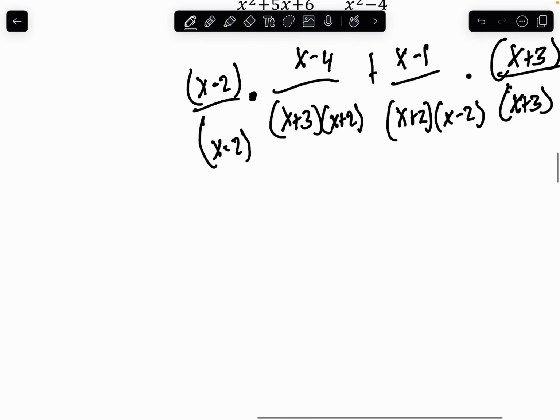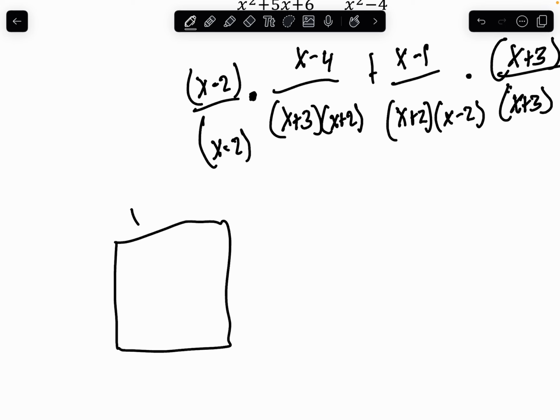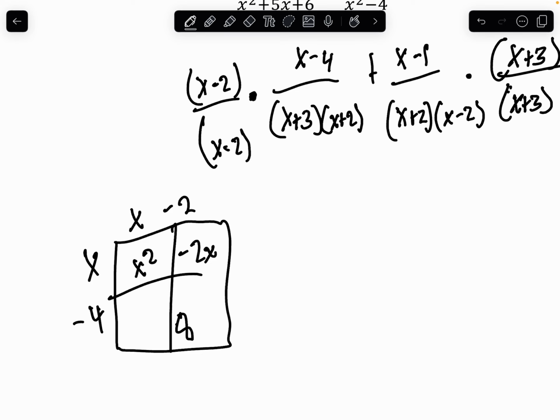So now I gotta multiply out the top part. So I'll do top left first. Do x minus 2 over x minus 4. X times x is x squared. X times negative 2 is negative 2x. Negative 2 times negative 4 is 8. X times negative 4 is negative 4x.